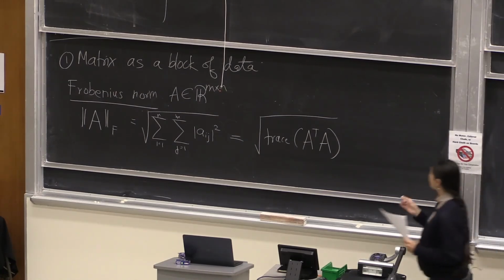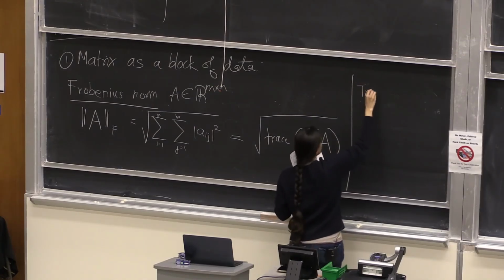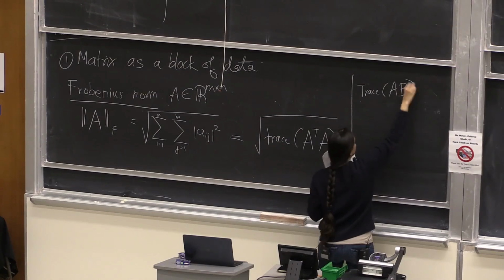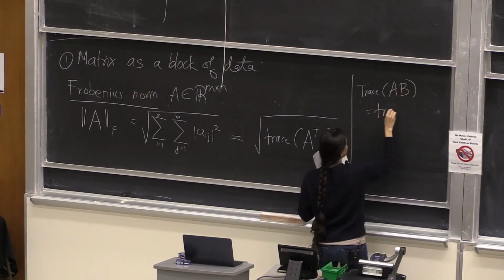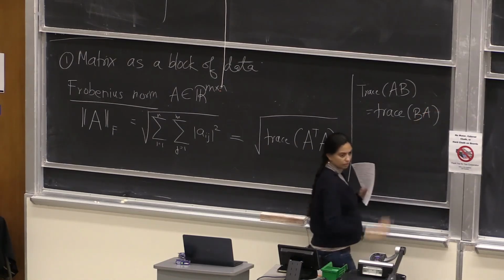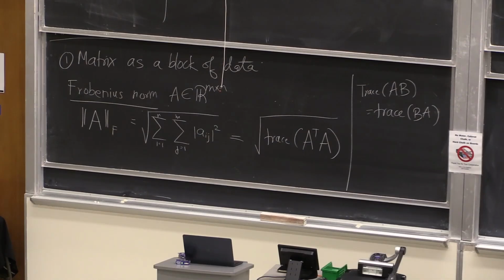And an important property of trace, which you have possibly seen before, but possibly not, is that trace of AB is equal to trace of BA, assuming A and B commute. So it's only in the case that these two actually commute.